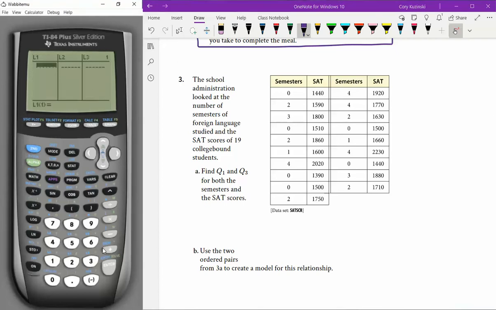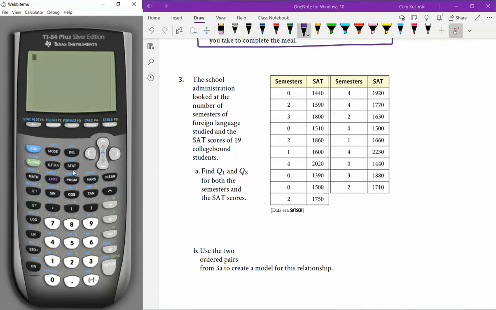We're going to edit a list and put these values in: 0, 2, 3, 0, 2, 1, 4, 0, 0, 2, and then 4, 4, 2, 0, 1, 4, 0, 3, and 2.